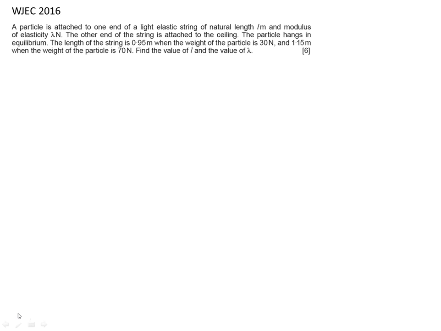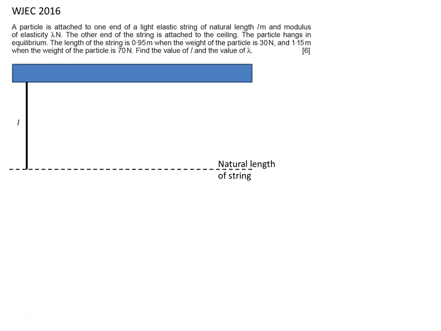So we'll start by drawing a diagram. We start with the string just hanging freely, and then we'll attach the particle of weight 30 newtons to the string, and we then know that the total length of the string is 0.95 meters, so the extension of the string in this position is 0.95 minus L. If we put the forces acting on the particle onto the diagram, we have the weight of 30 newtons and we have the tension.